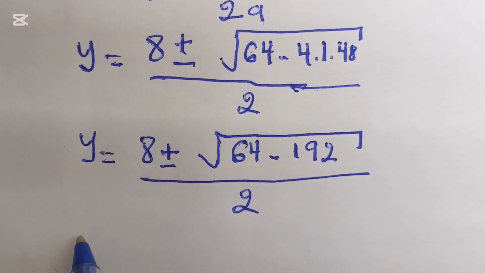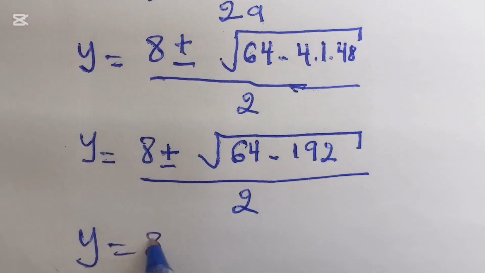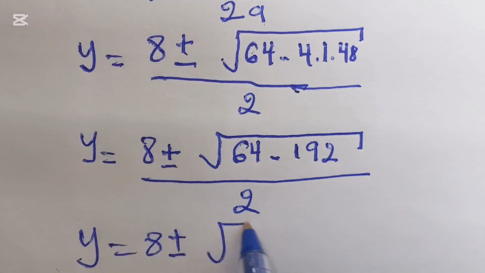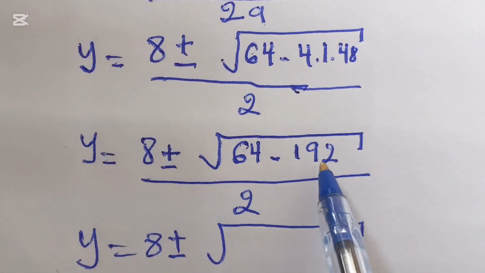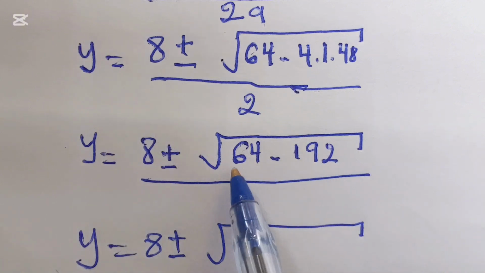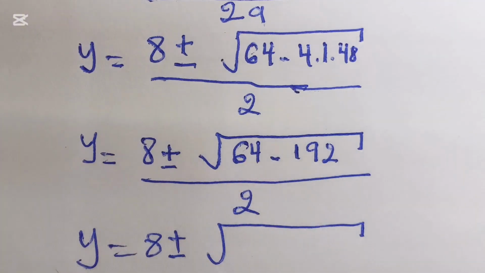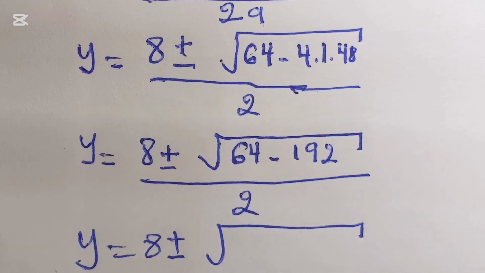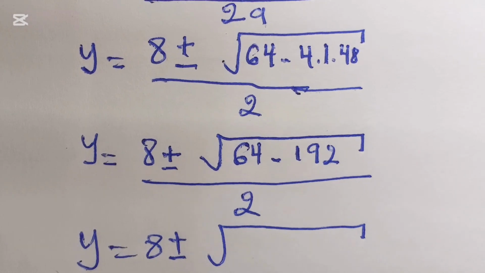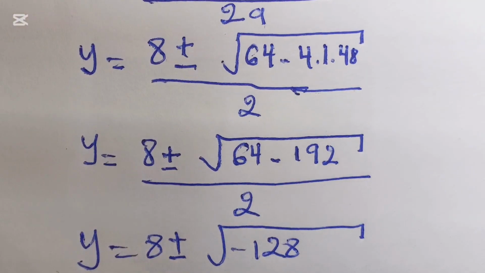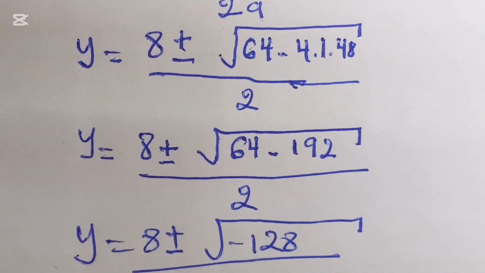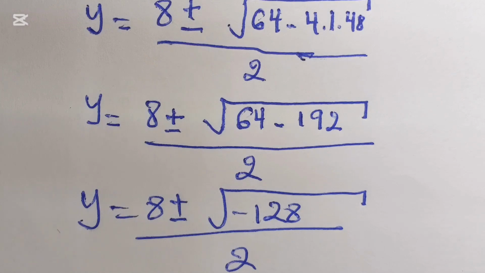Then y here will be equal to 8 plus or minus the square root of 64 minus 192, which is equal to negative 128, over 2, right?